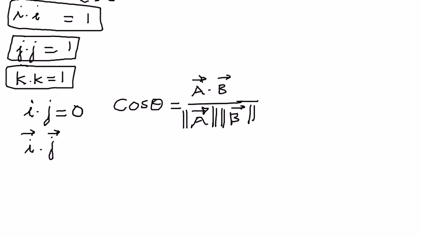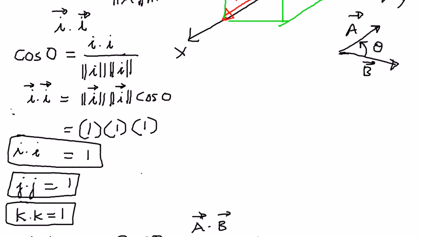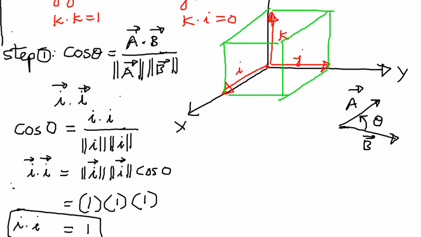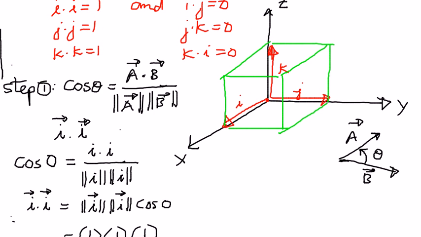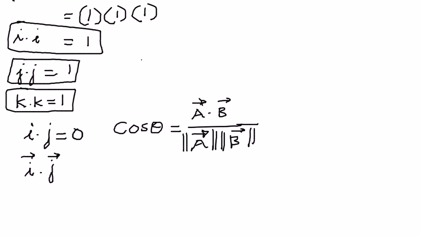If we look at the diagram which we just drew here, the angle between I and J is 90 degrees. The angle between I and K is 90 degrees. The angle between K and J is 90 degrees. So keeping that in mind, the angle theta is equal to 90 degrees.